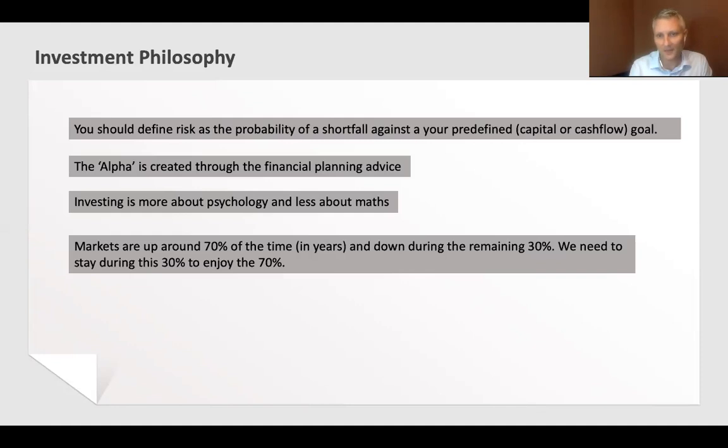They're probably going to be down 30% of the time, every day. Even in the last couple of weeks, we've had this temporary decline, steep temporary decline. Some days the markets are up. Some days they're down. You've got to stay in during the 30% to enjoy the 70, and it comes back to that human behavior.